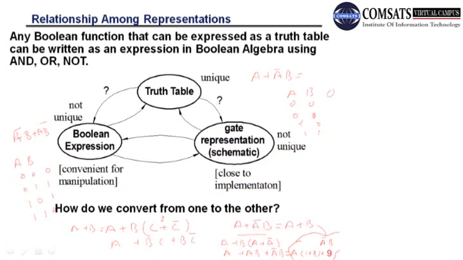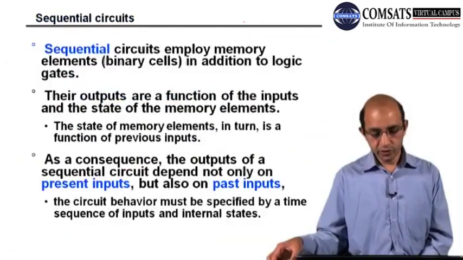So if you have a truth table, you can have the Boolean expression, and if you have the Boolean expression, you can design or represent it with the help of gates.